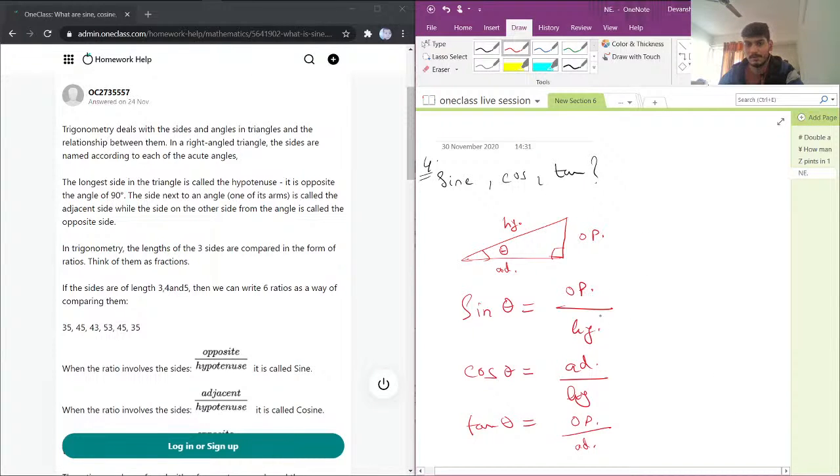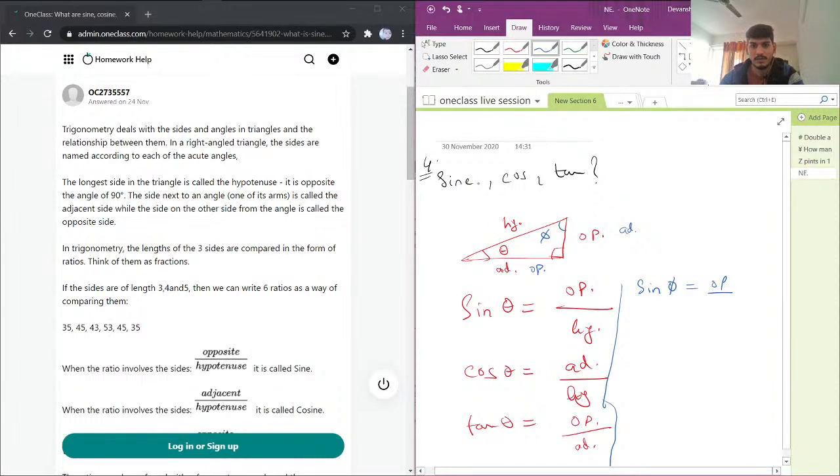So for example, if I have an angle here, say phi, then in this case my adjacent will be this side and my opposite will be this side, and hypotenuse will not change. So sine of phi will be equal to opposite over hypotenuse.